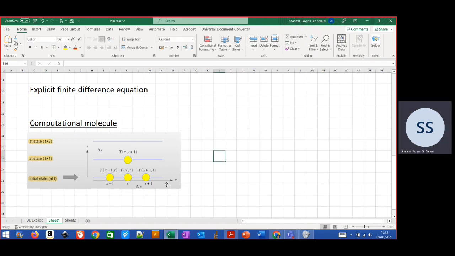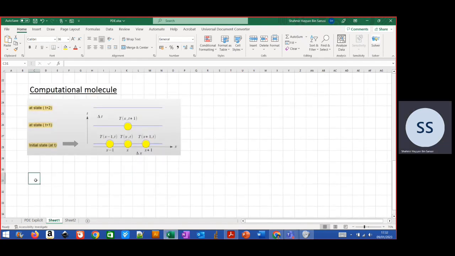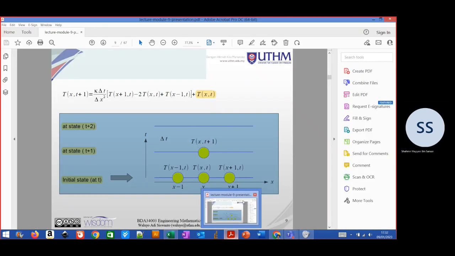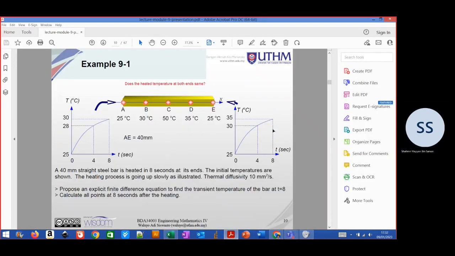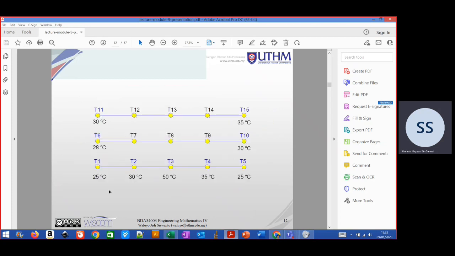And once we have developed the computational molecule, we can find the temperature at each point by drawing the temperature difference rate. So what is temperature difference rate?